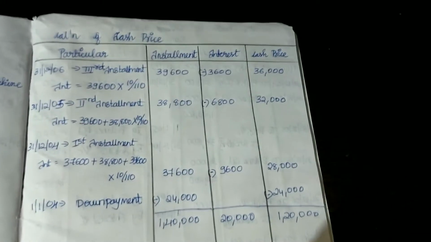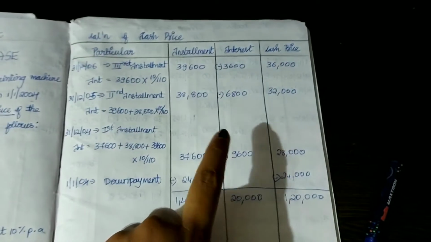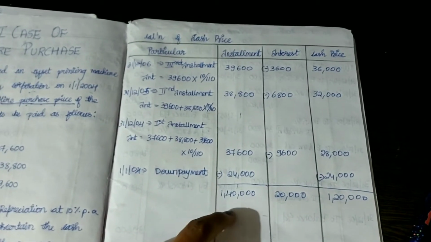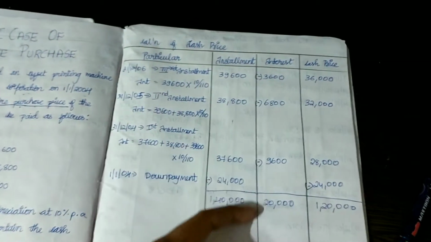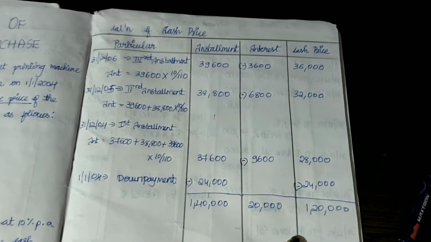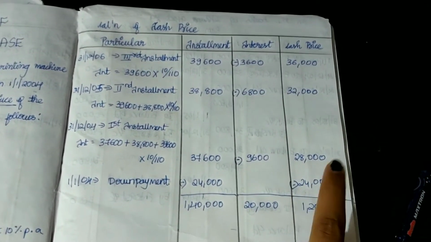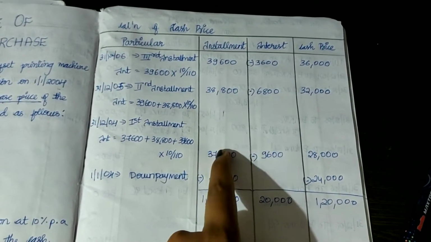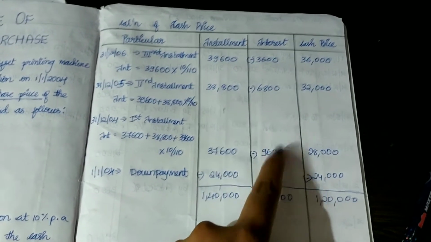So if you observe, the cash price does not include any interest, and the installment column includes both installment and interest.